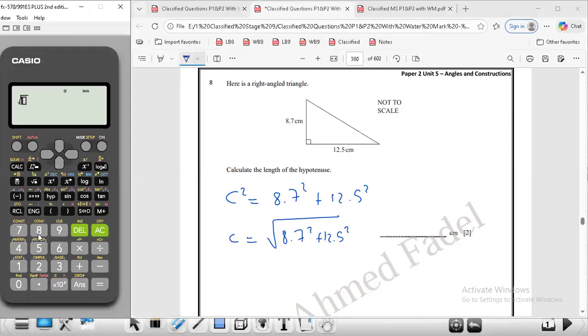Square root of 8.7 squared plus 12.5 squared equals 15.22, and they did not request rounding to a specific degree of accuracy. So we're going to look at the question. It is one decimal place, so we're going to round it to one decimal place. It's 15.2.